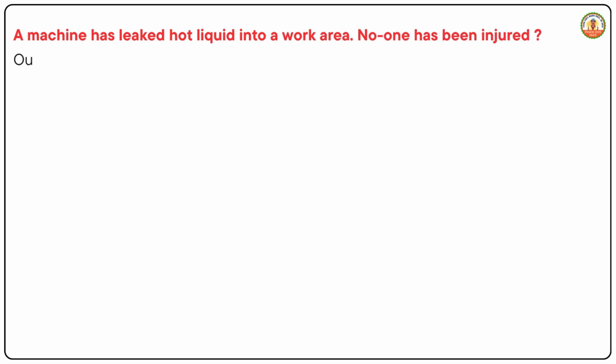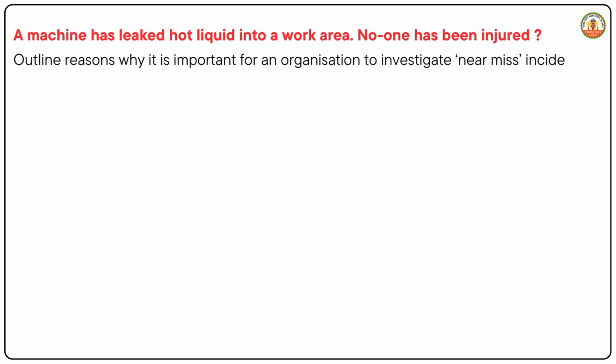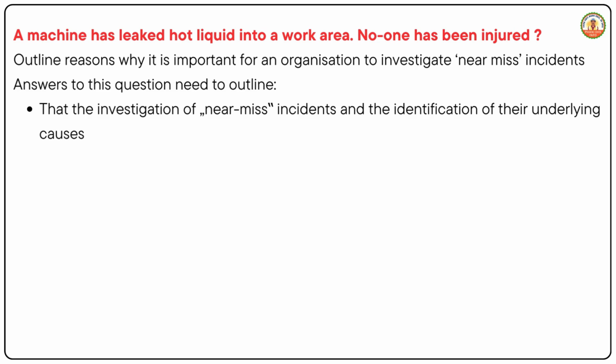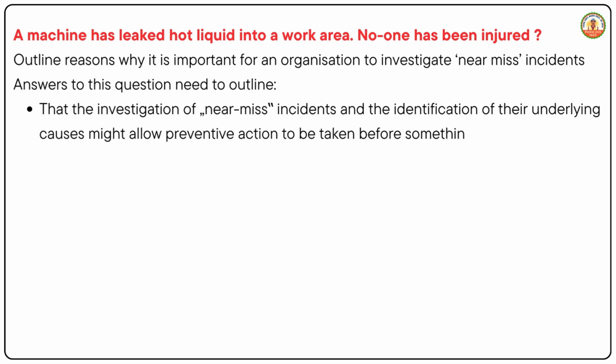A machine has leaked hot liquid into a work area. No one has been injured. Outline reasons why it is important for an organization to investigate near-miss incidents. Answers to this question need to outline that the investigation of near-miss incidents and the identification of their underlying causes might allow preventive action to be taken before something more serious occurs.